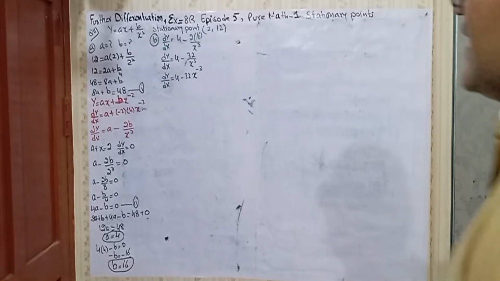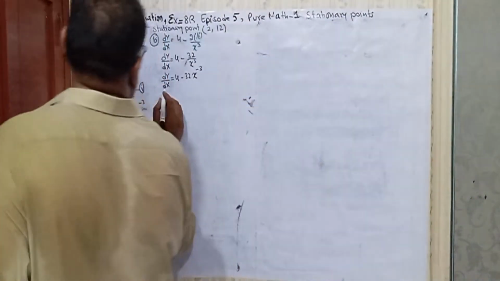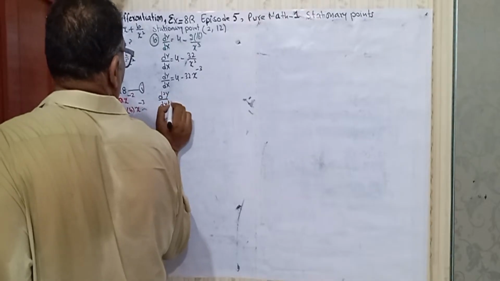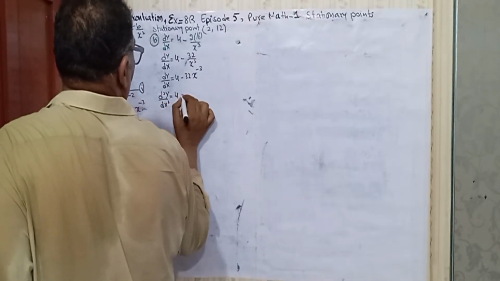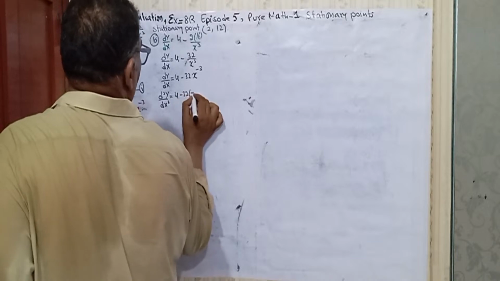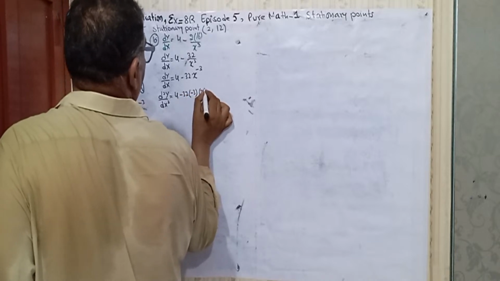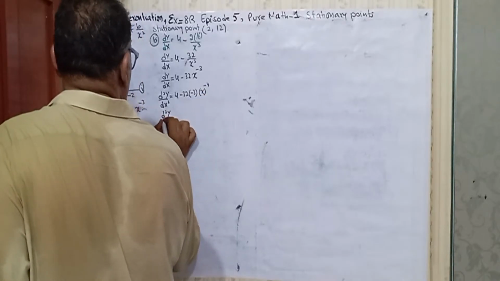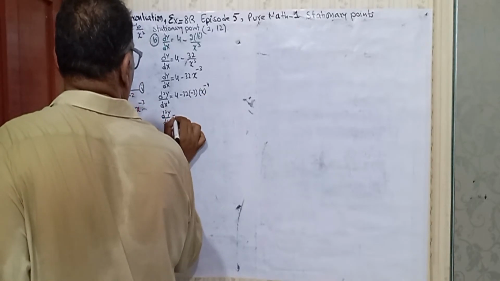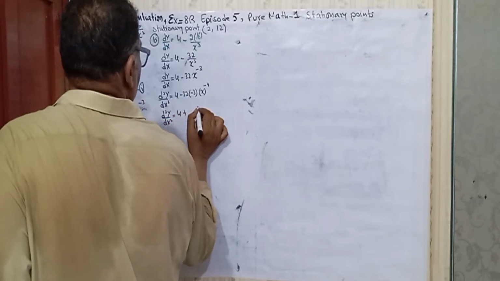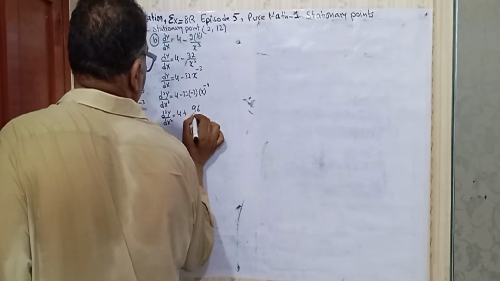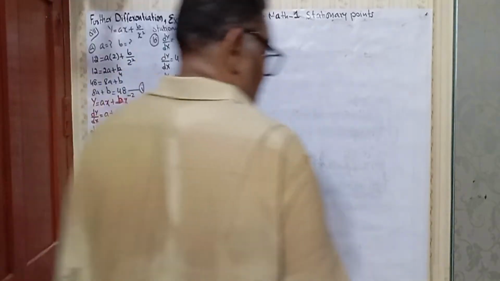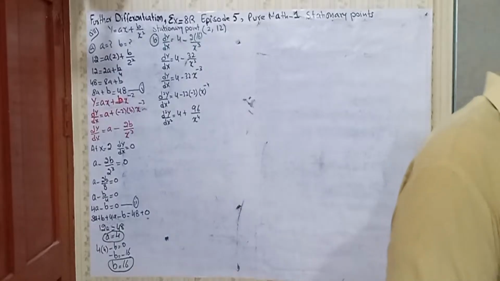The second derivative d square y by dx square will be equal to 4 minus 32 into minus 3 into x raised to power minus 4. So d square y by dx square will be equal to 4 plus 96 divided by x raised to power 4. So this is the expression for my second derivative.